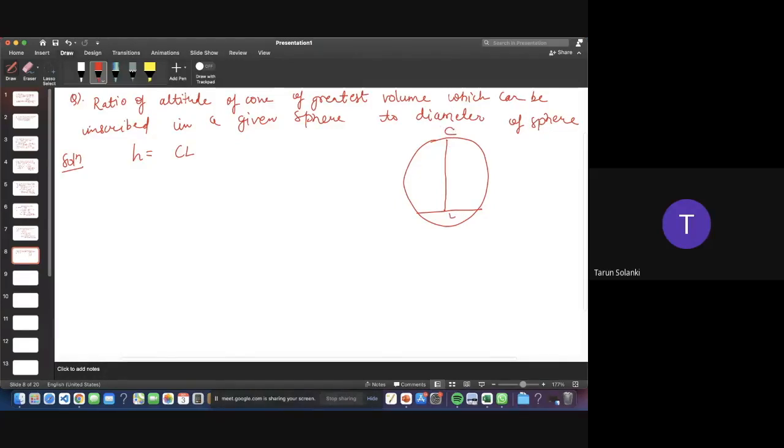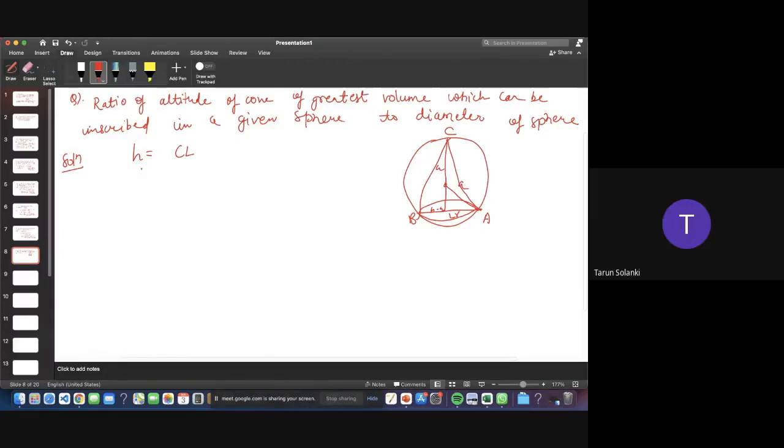Okay, so let me draw it completely first. This is point B, this is A, this is r, this is h − a, this is a, and again this is a.